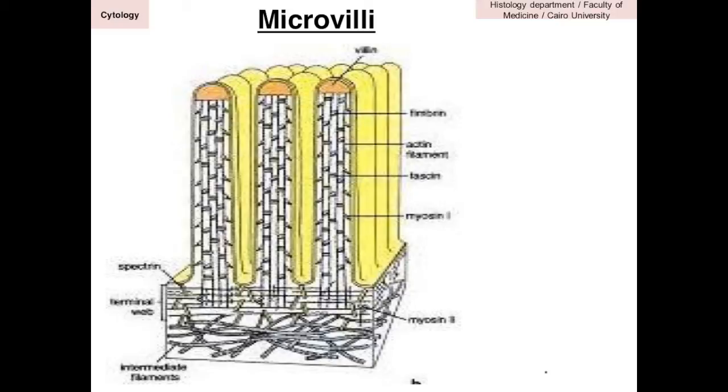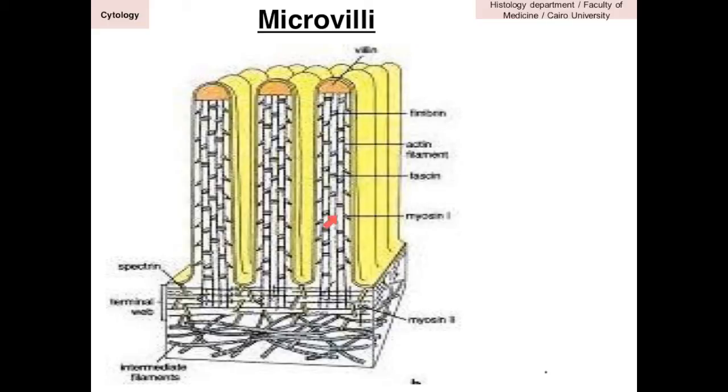Also, we have at the base another actin. This actin present at the base is called terminal web. This is a part which supports the actin vertically arranged in the microvilli.